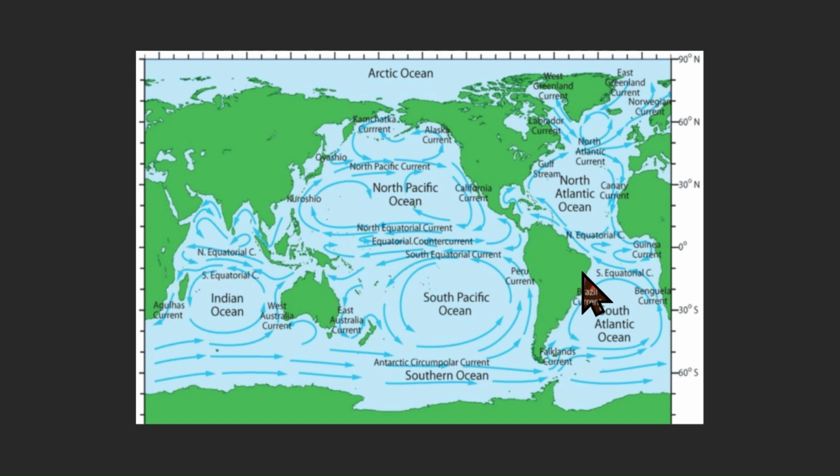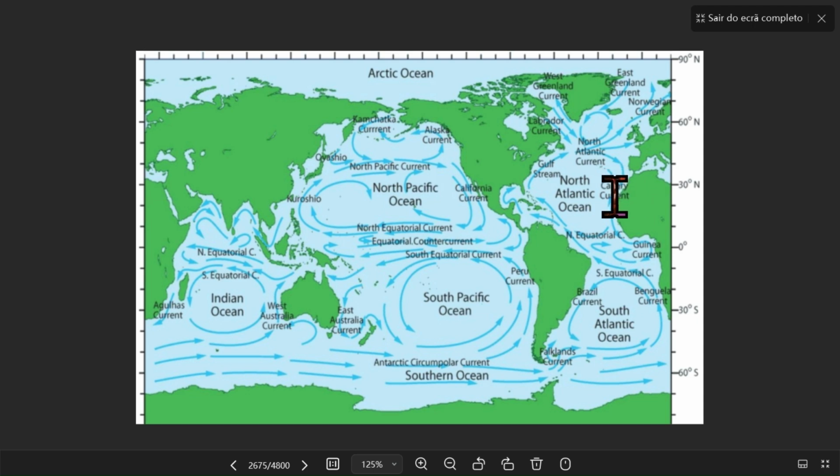The other gyre, very important, is this one, and it starts here at the corner of Brazil, and it goes across the north coast of South America and across the east coast of North America, Iceland, UK, Western Europe, and goes as far as Africa, and then turns back.